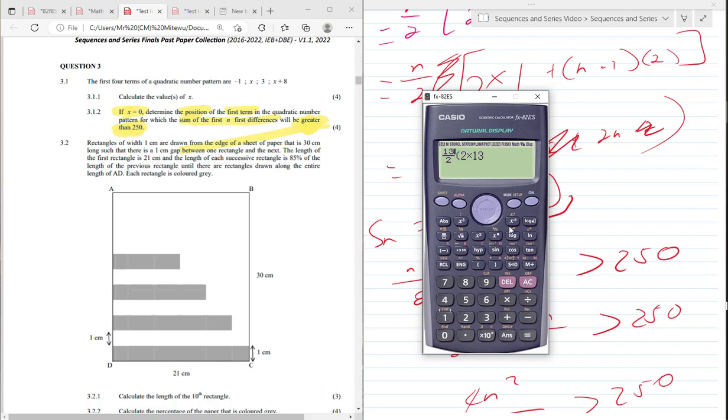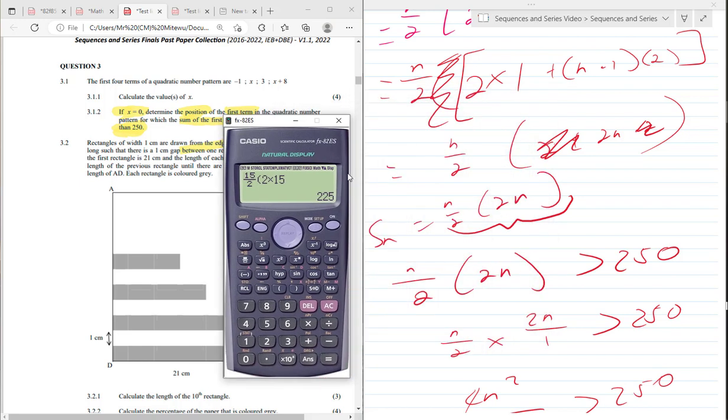Not going to work. 169, but I'm getting closer. Let me try 16. Okay, 256. Let me try 15. And 15 gives less than 250. So I know that the correct answer is 16. So I should kind of expect that.